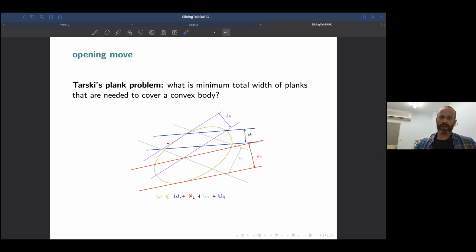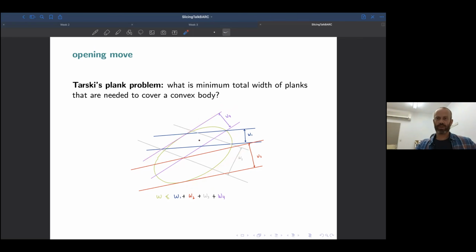So the most efficient, obvious way to cover the convex body is to take such a plank in the most narrow side of the convex body. This is called the width of the convex body. So this is the most efficient, obvious way. Now, Tarski asked, can we do something non-trivial if we allow any type of configuration? Okay, so this is Tarski's plank problem.